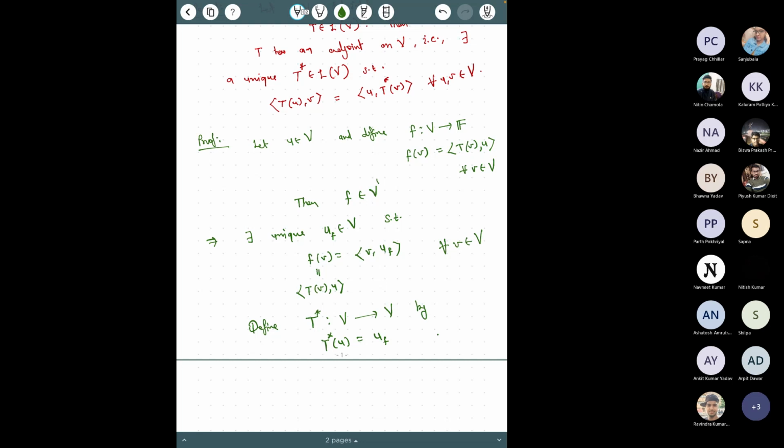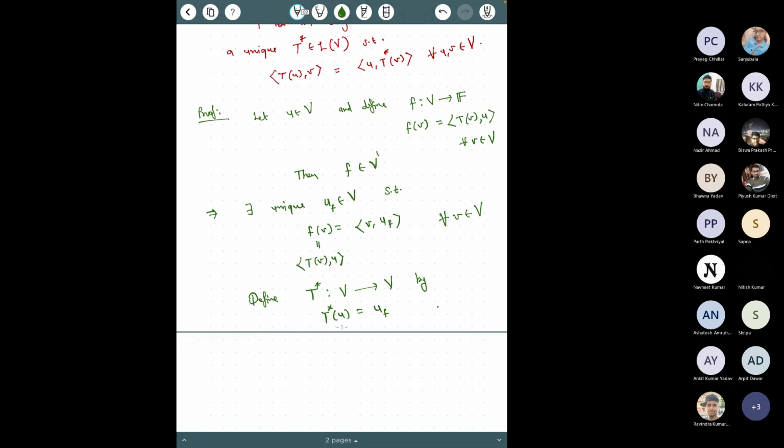Now, if we want to say that this is an adjoint, then we need to check that this is a linear operator on V and that it satisfies this relation. First, this relation is immediate because of the way we have defined T star.